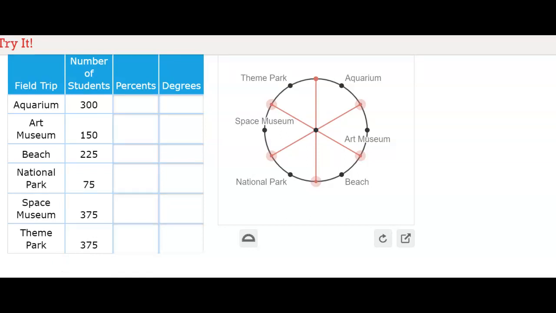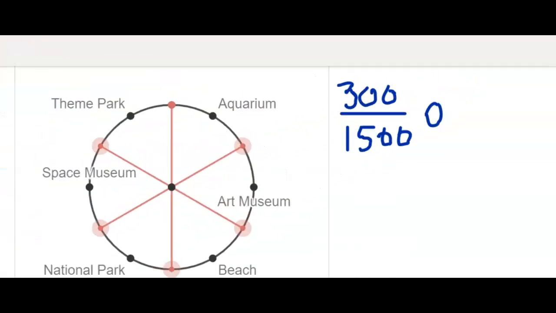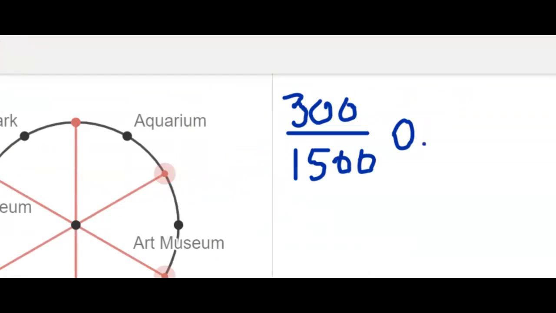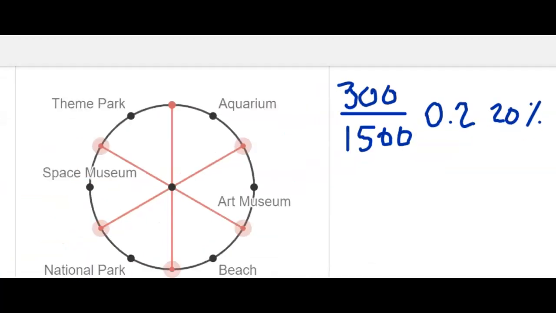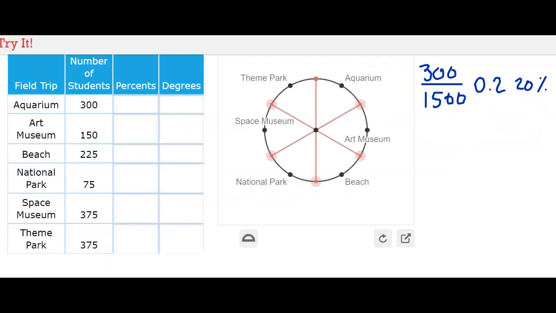So we are going to put 300, the students that went to the aquarium, over the total number of students, which is 1,500, and you're going to divide, and that's going to give you 0.2, which is equal to 20%. And so for that very first field trip, we're going to have 20% as our percent.